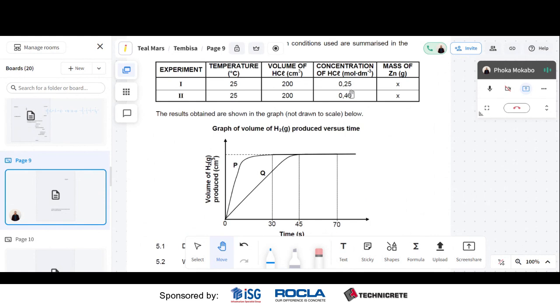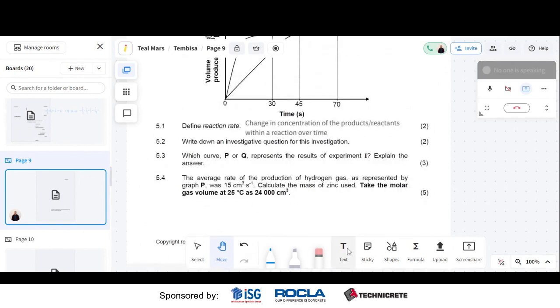We are looking at the example where the concentration is lower. So the volume of H2 produced, we would show the lower of the two values as our answer. So our answer over here would be Q.